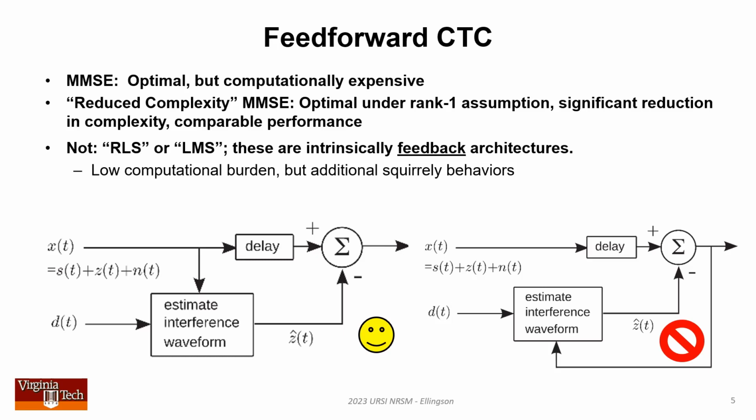That is, the output depends on past output and not merely on input. They generally have reduced computational burden, but you pay for that with some additional squirrely behavior. My opinion is that for this work, LMS and RLS are strongly contraindicated, and the reduction in computational burden is not really an issue.